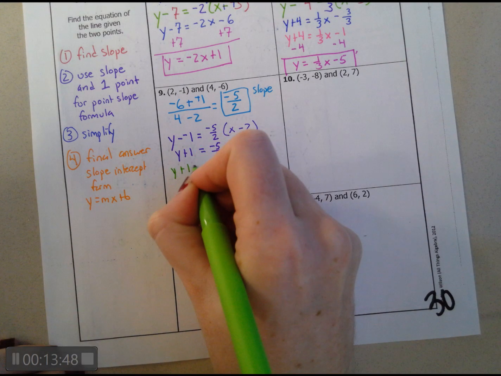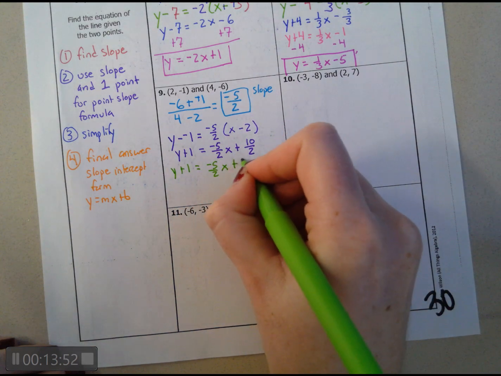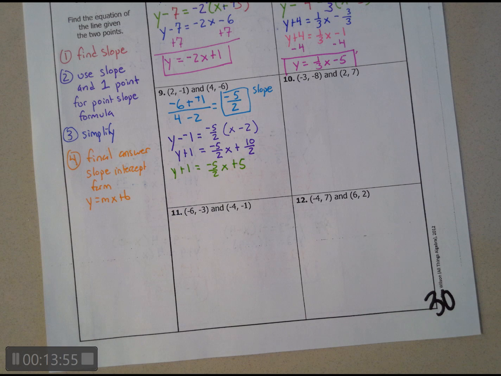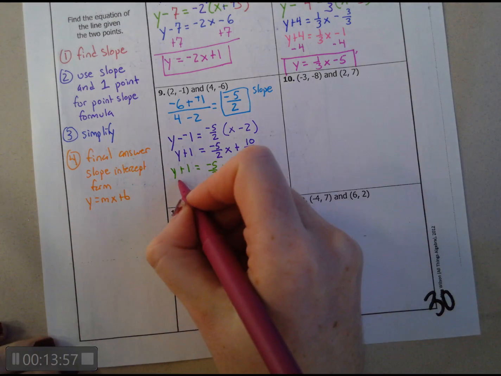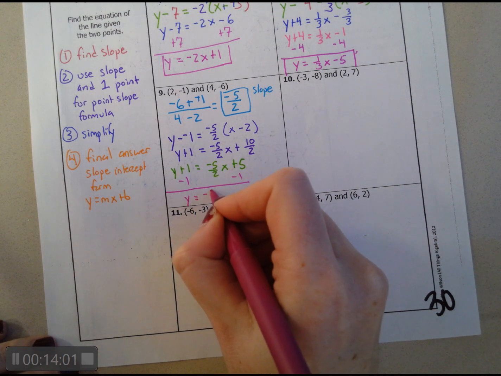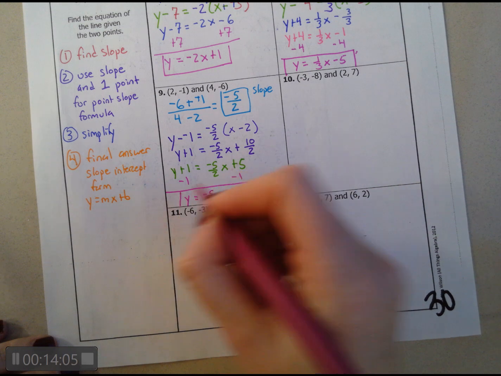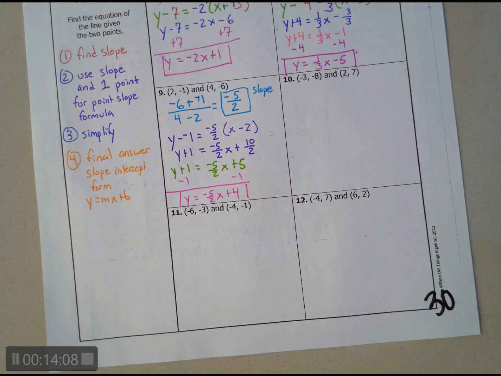So y plus 1 equals negative 5 over 2x, and then 10 divided by 2 will give me 5. And finally we are going to subtract 1 from both sides to get y equals negative 5 over 2x plus 4. And that is our final answer.